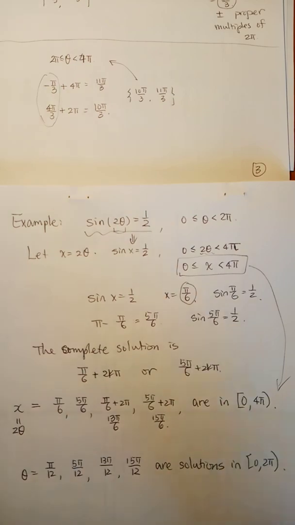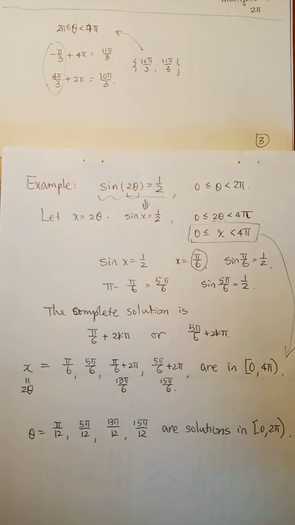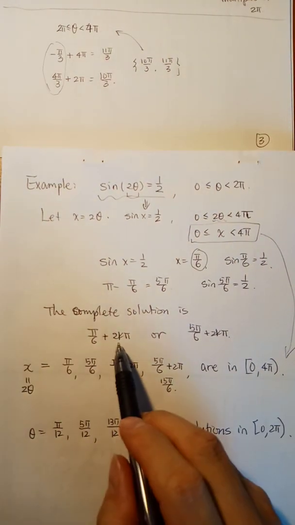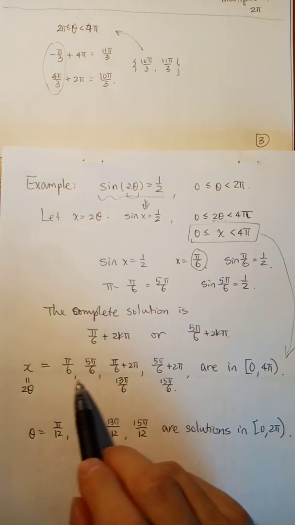So we first insert an x, and then we go back to our previous type of problem. We don't want this coefficient here. If we have a coefficient here, we will be confused about the domain. So here the domain includes 2 periods. Once the domain includes 2 periods, you will possibly add 2 pi, even though the points are inside.